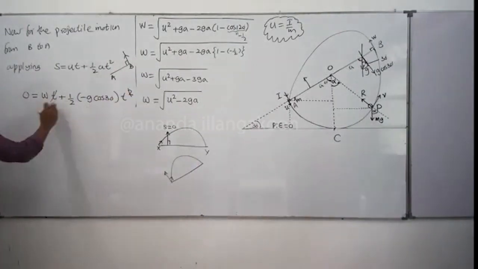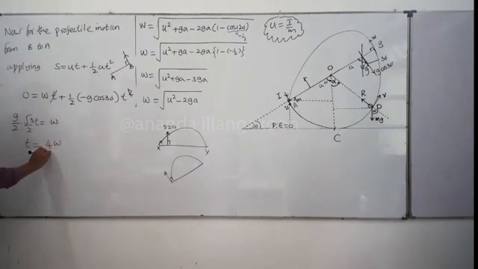Then on this side, g divided by 2 cos 30, root 3 by 2, equals W, and here T. Then we can write T equals 4W divided by root 3 g. This is the time the particle takes.